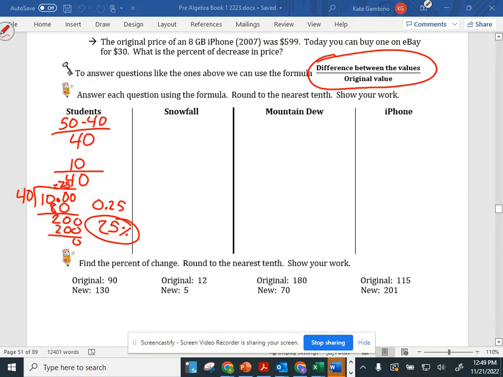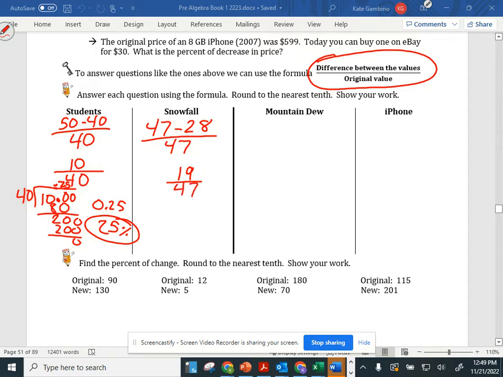Emmett? 47 minus 28. What am I going to divide it by? What goes as the denominator? Tegan? 47, because that was our original snowfall amount. So 47 minus 28. Is it 19? Yeah. Over 47.